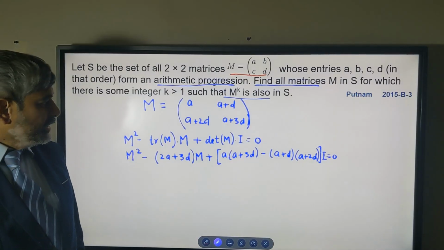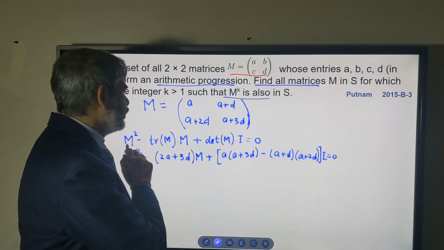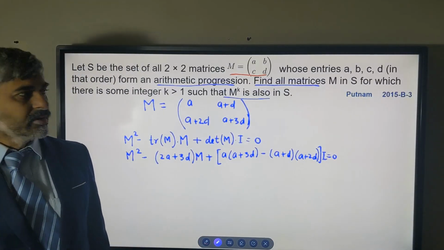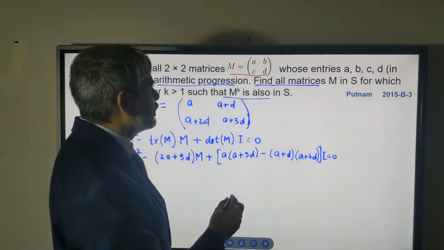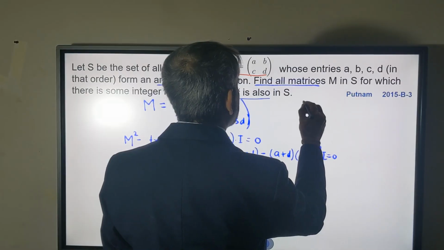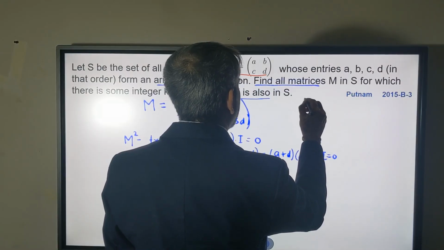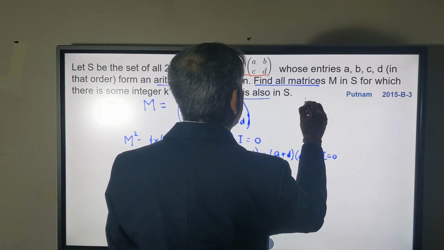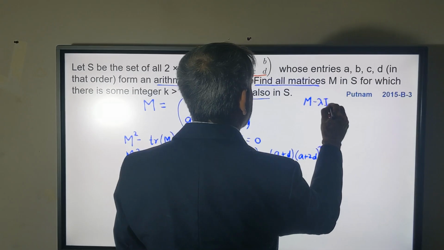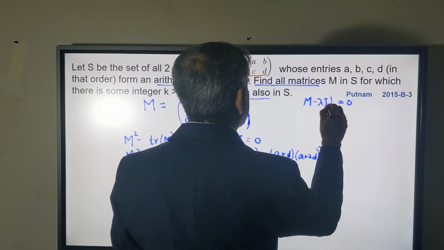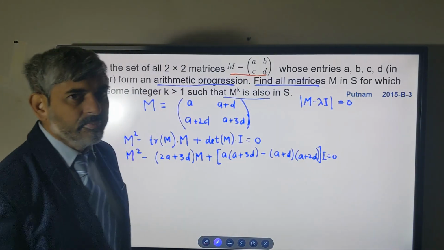Now if you remember it, that's good. If not, you could also derive it. For example, the Cayley-Hamilton theorem has its basis in the characteristic polynomial, which is the determinant of M minus lambda I equal to 0.